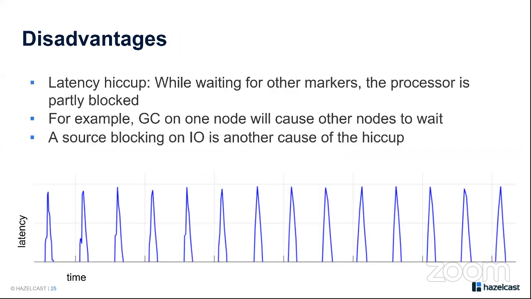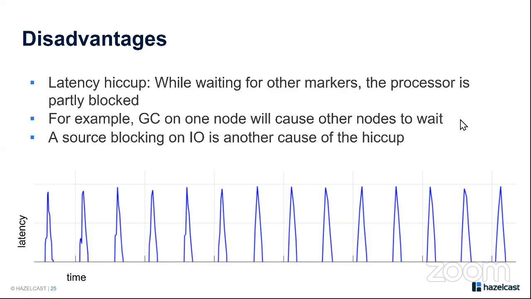So these are the disadvantages of this simplification. We see a latency hiccup. While waiting for other markers, the processor is partly blocked. For example, garbage collection on one of the nodes will cause other nodes to wait.